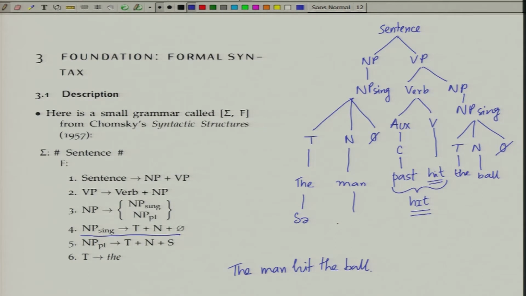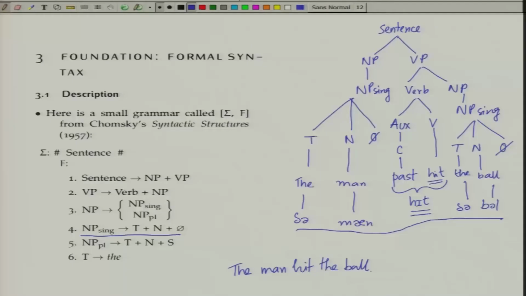So the word becomes hit, and once again this becomes the, and ball. With all that, we shall see how it looks in the rule. So this is a string that actually can be pronounced by a human or a machine.